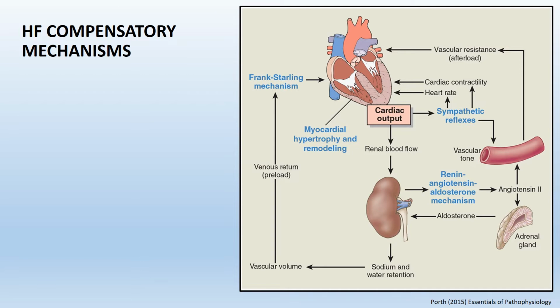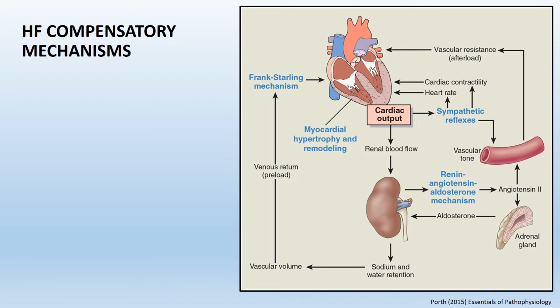While initially this is helpful to maintain cardiac output, it increases left ventricular end diastolic pressure, which causes pulmonary congestion because the blood backs up. Also, the increased wall tension increases myocardial oxygen consumption, which isn't good.